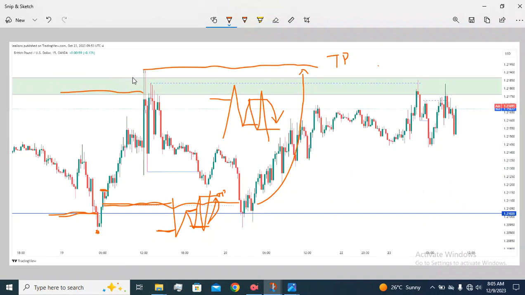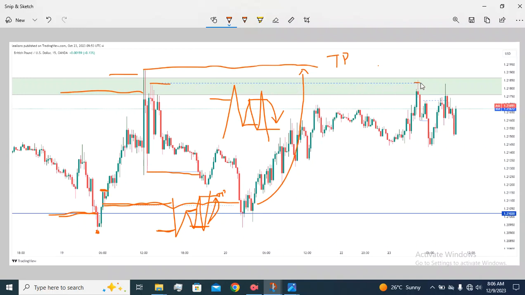I usually place this rectangle with a sweep of liquidity on top of it. So with a sweep of liquidity, we have a clear first break of structure. See it here. Then its higher high becomes the potential sell order entry point, which we transform to this place.